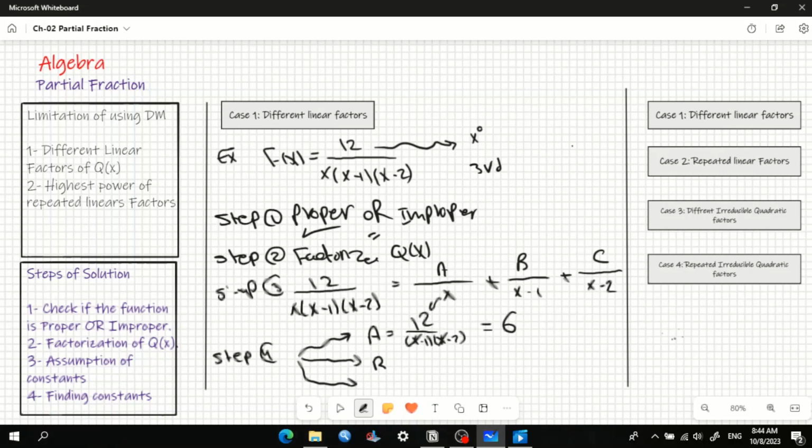B equal to: just hide x minus 1 from here. So we have here x minus 2 and substitute with x equal to 1, the zero of this fraction. So if I substitute with x equal to 1 here, B will be negative 12.